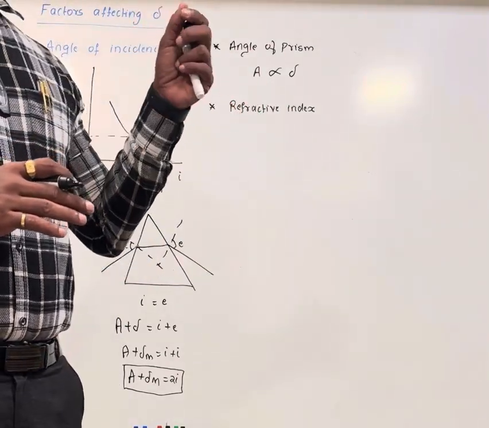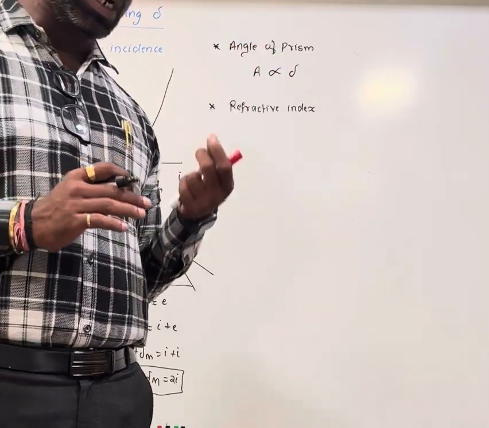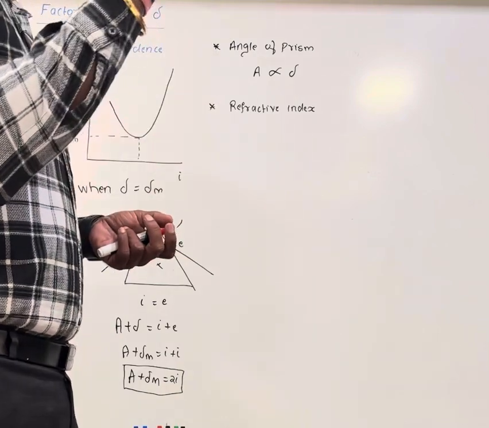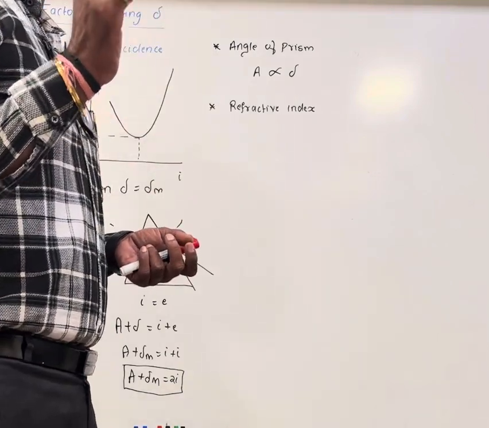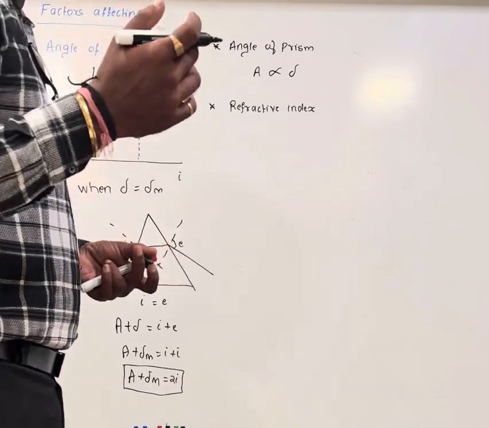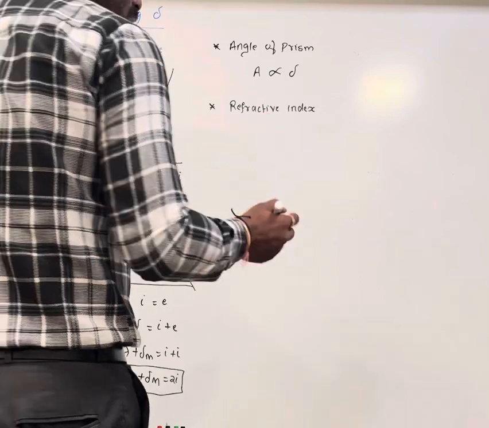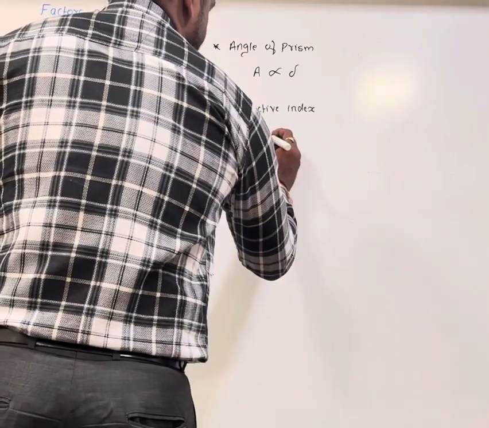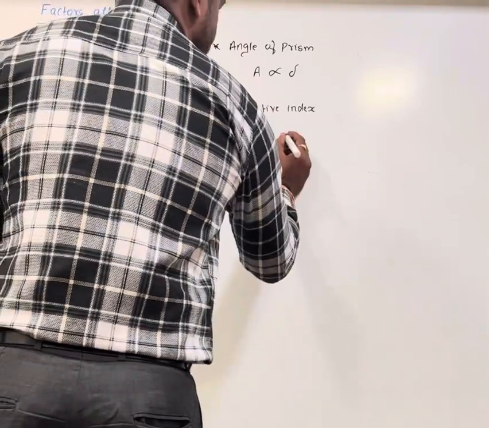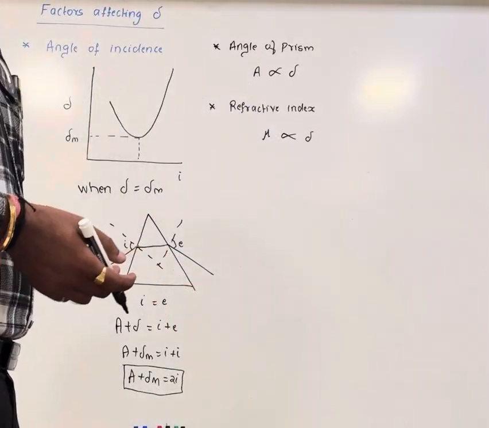So definition is, it is the ratio of speed of light in air or vacuum to speed of light in medium. But simple meaning of refractive index is the ability of a medium to bend ray of light. So more refractive means more bending. Therefore, I can say refractive index mu is directly proportional to deviation. So more refractive index, more deviation.